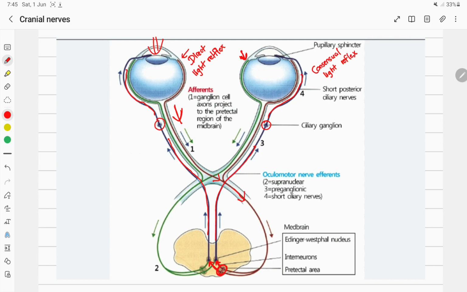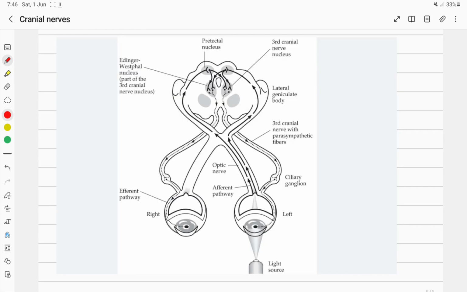Hope you are clear on that. I will show you the accommodation reflex from this diagram. Actually, this is not a very good diagram to show you the accommodation reflex, but I will explain the pathway. The accommodation reflex means the eye focuses from a distant to a near object, the medial rectus muscle contracts, and there may be convergence of the ocular axes.